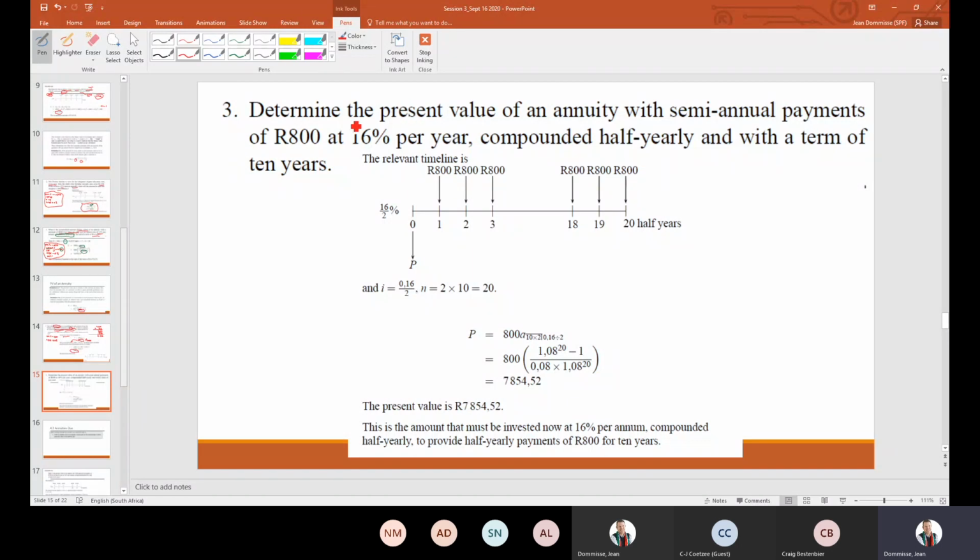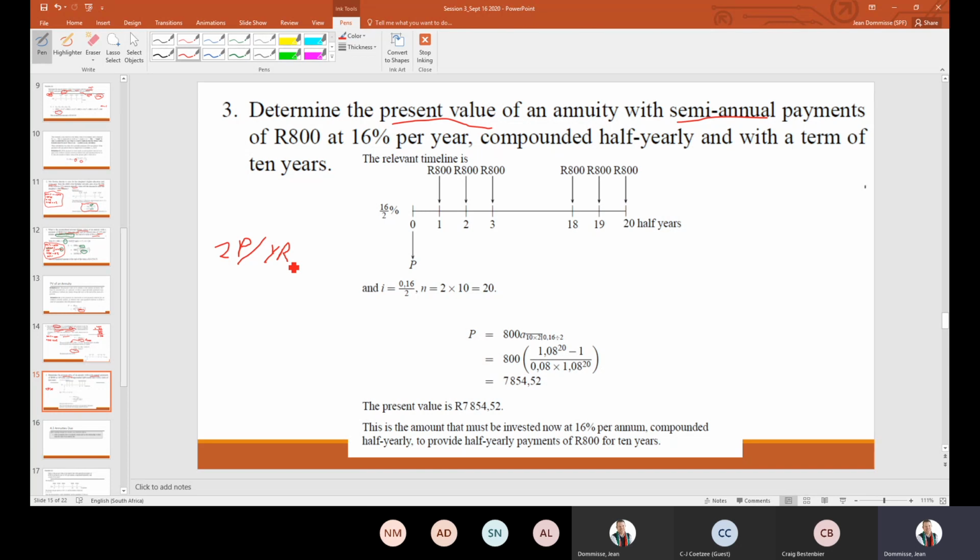So quickly determine the present value of an annuity with semi-annual payments. So semi-annual actually means 2 times per year. I always get confused by what does biannual mean and what does semi-annual mean.